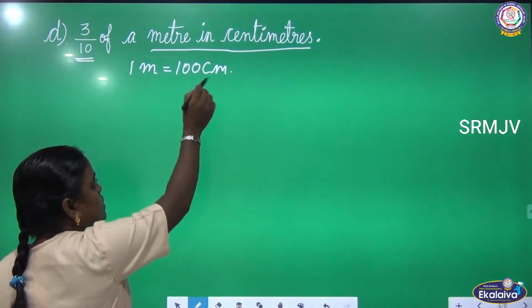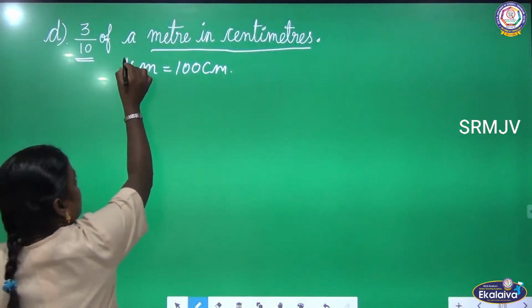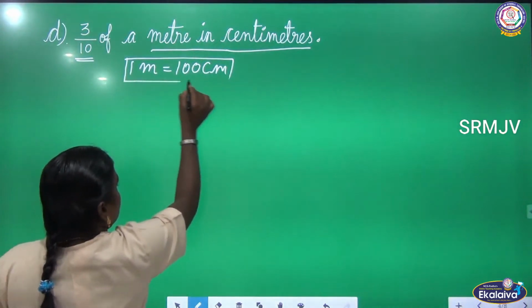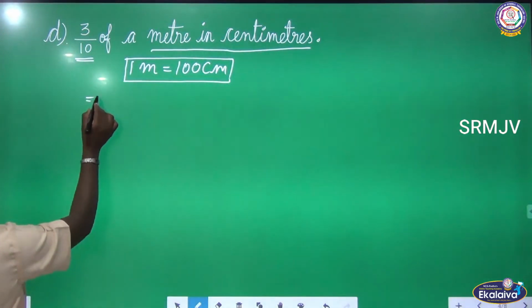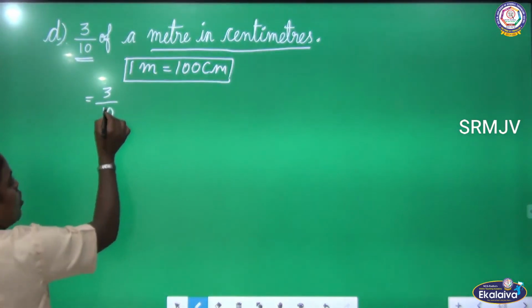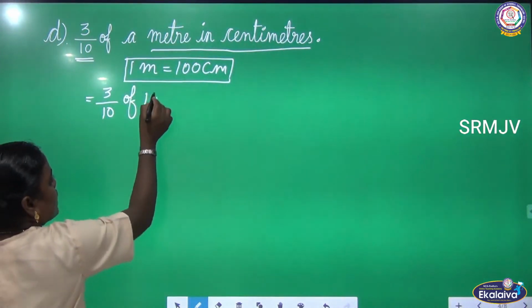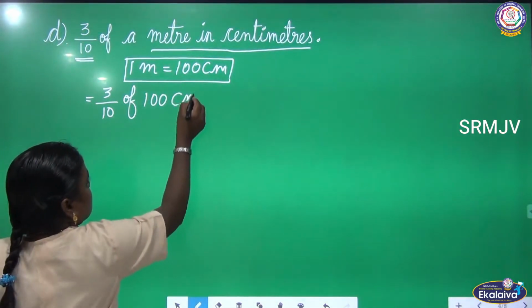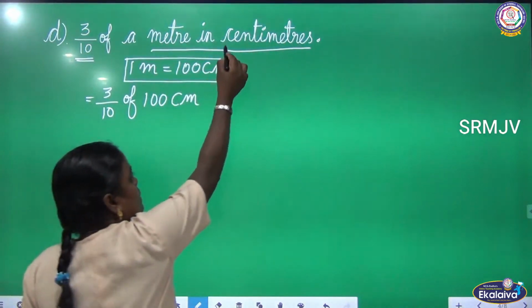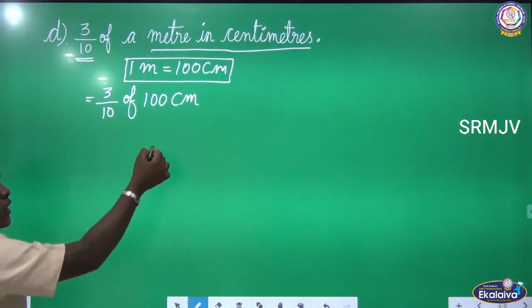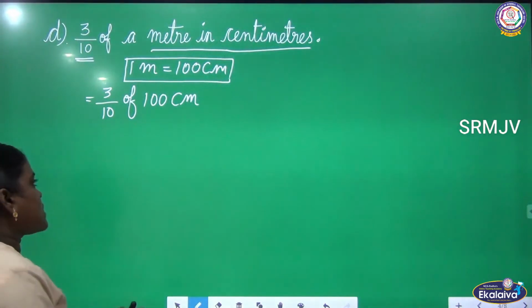Here 100 is the whole number we want to use. So find out 3 by 10 of 100 centimeters. We should write the answer in centimeters, so continue the unit in all the steps.